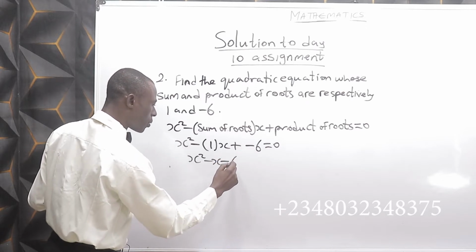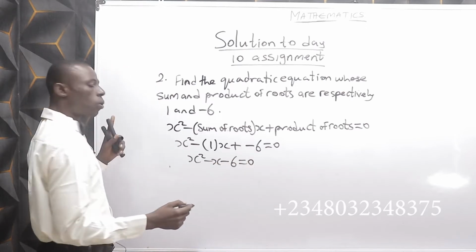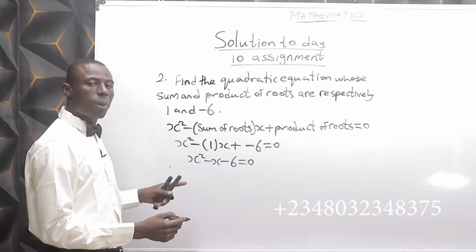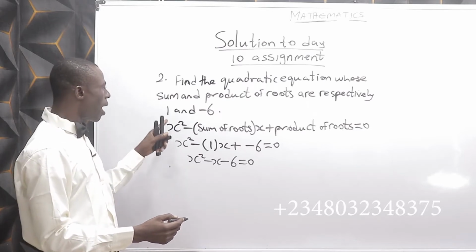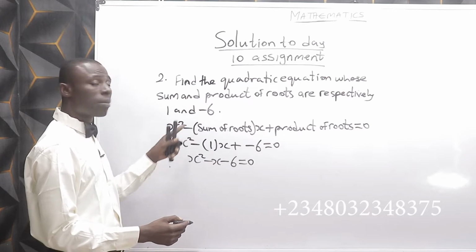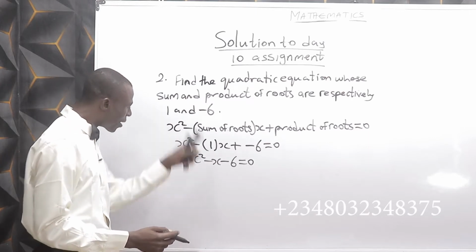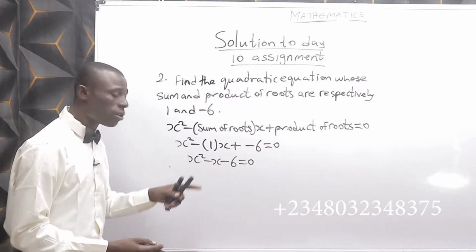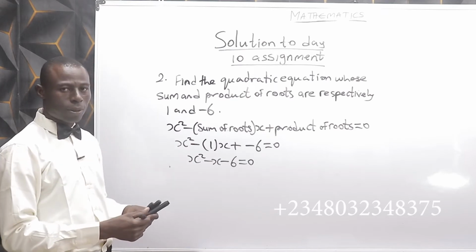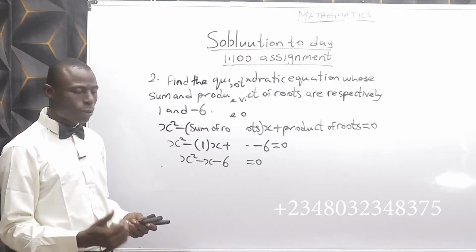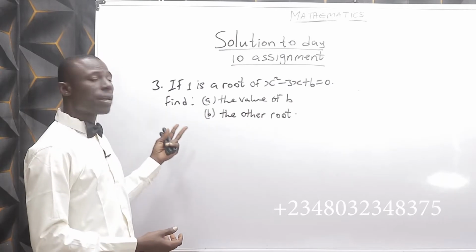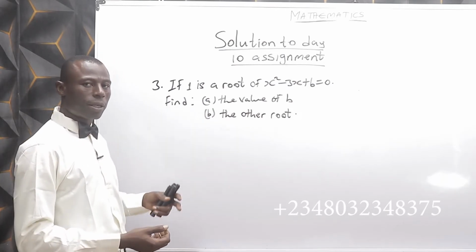So you have minus 6 equal to 0. The quadratic equation whose sum and product of roots are respectively 1 and minus 6 is x squared minus x minus 6 equal to 0. Do you understand? Good.